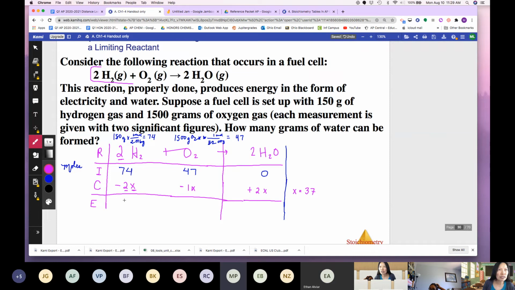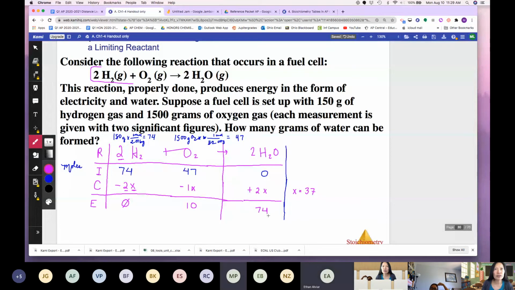So this is 0. So this one would be 10. Did I do that right? 47 minus 37. So how much water did you make? 74. Yeah.